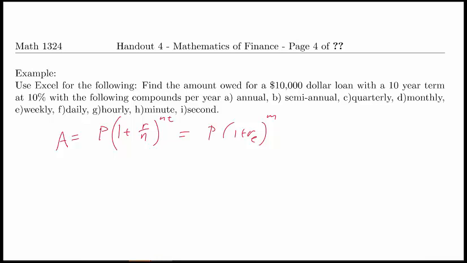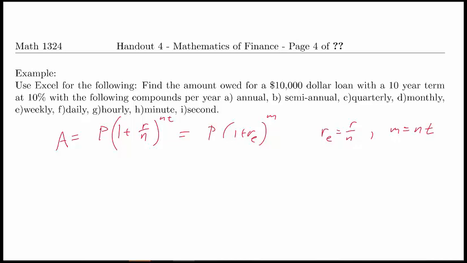Where of course R E, the effective rate, is R divided by N, and M is going to equal N times T. And so you can see from A, B, C, D, E, F, G, H, and I.